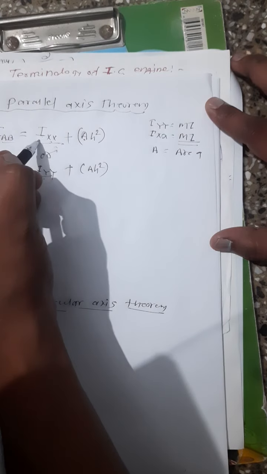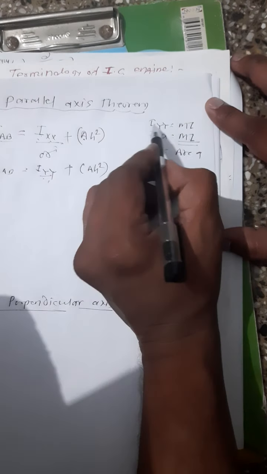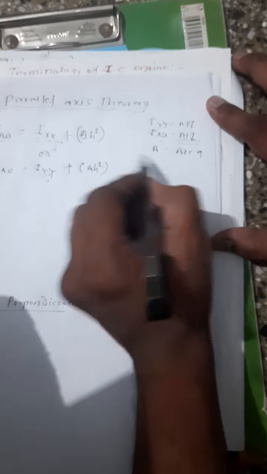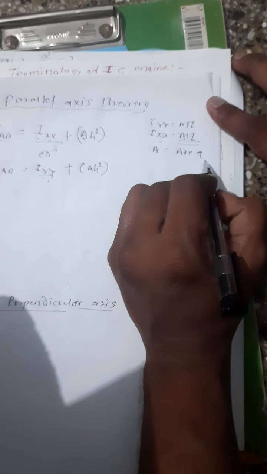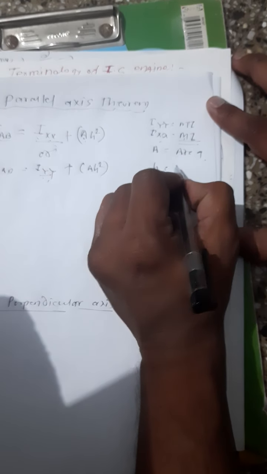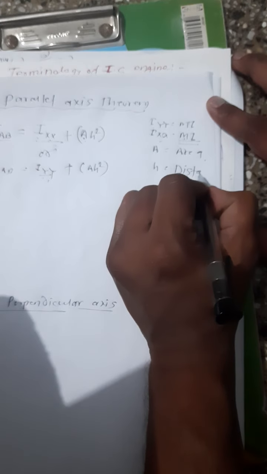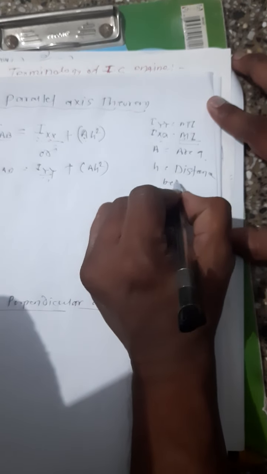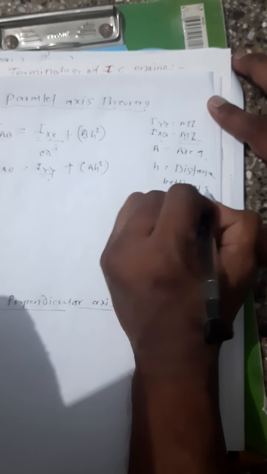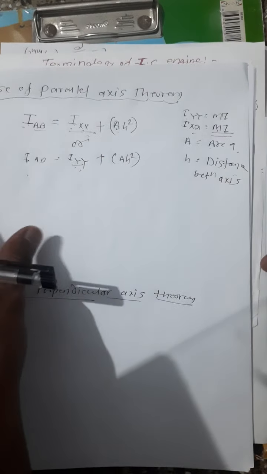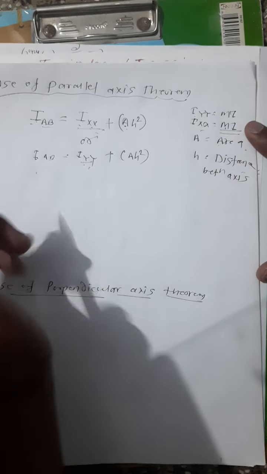Calculate MI about xx and calculate MI about yy. And what about A? A is for area. And what about h? H means distance, the distance between the axes. Okay, so let's see this with an example.